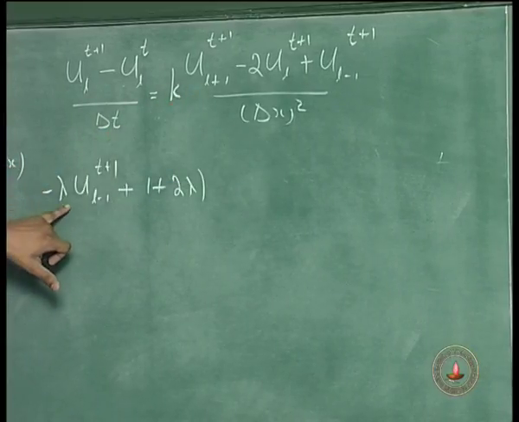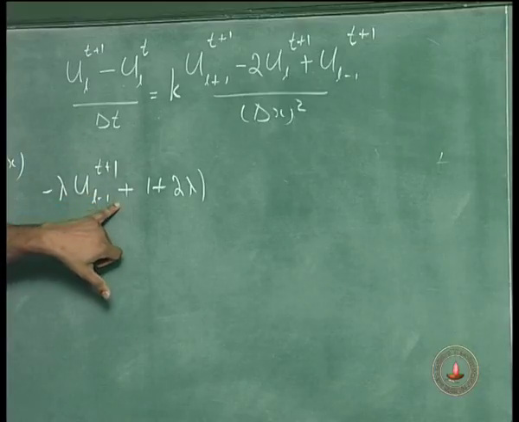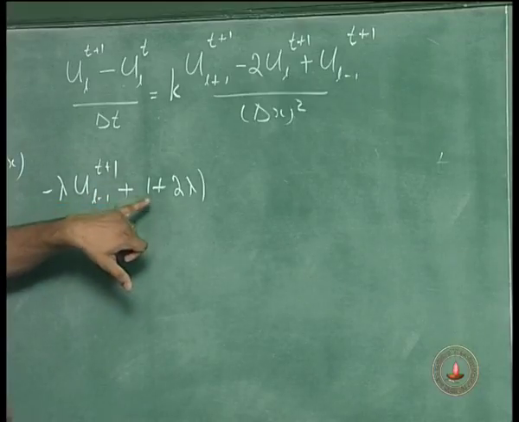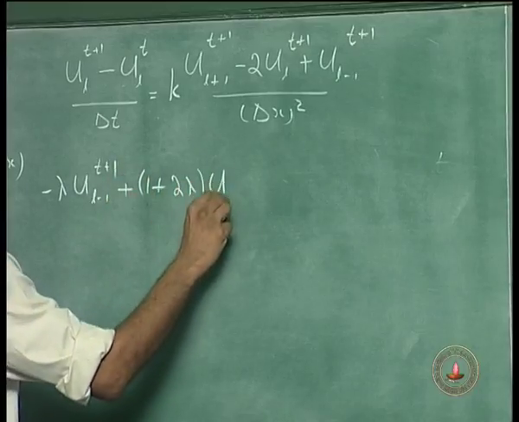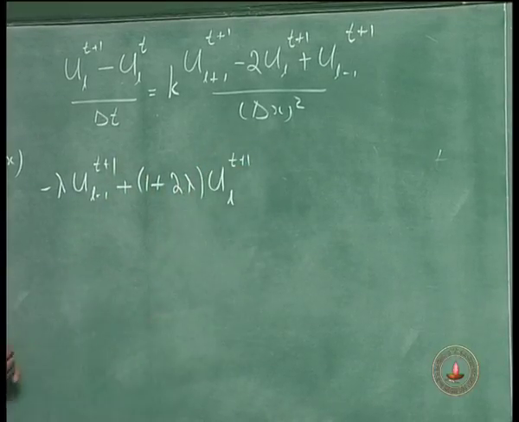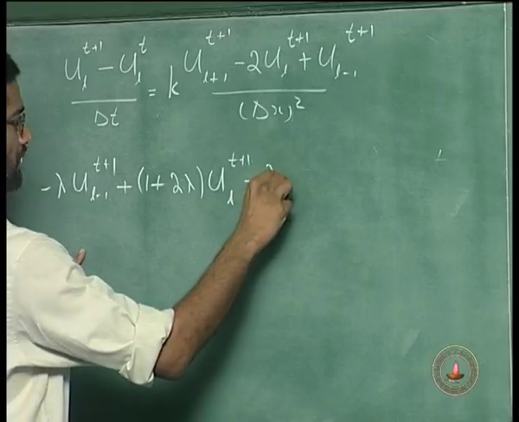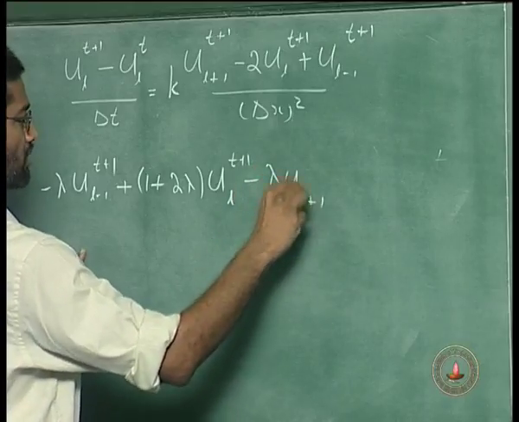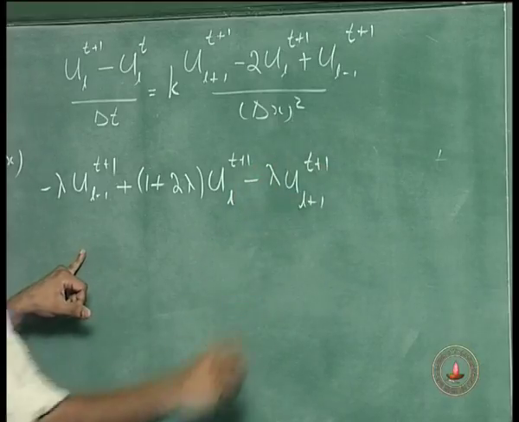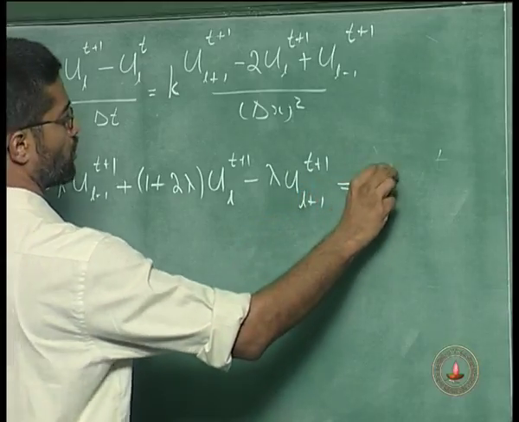We have minus lambda u(l minus 1) at t plus 1, then 1 plus 2 lambda u(l) at t plus 1, and minus lambda u(l plus 1) at t plus 1 is equal to u(l) at t.